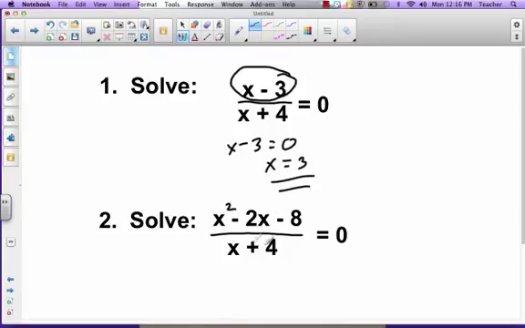Same way here, even if we have a denominator of x plus 4, all we care about is this part right here. Just like we did previously, we had x squared minus 2x minus 8 equal to 0.